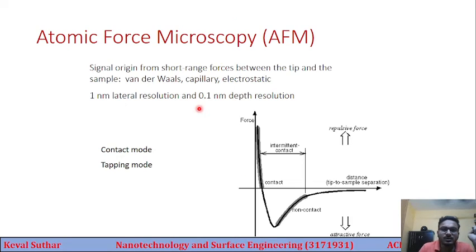Now let us discuss about our next method, that is fourth tool for characterizing the nanomaterial, that is atomic force microscopy, and it is also known as AFM. So here the signal is generated from short range forces between the tip and the sample. So here in this case we are having one tool that is having a tip.